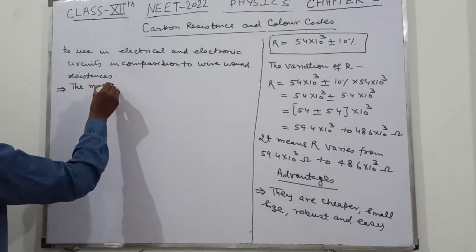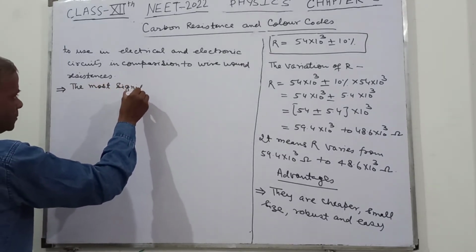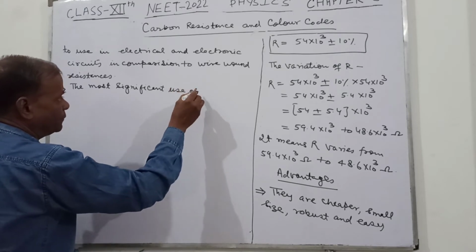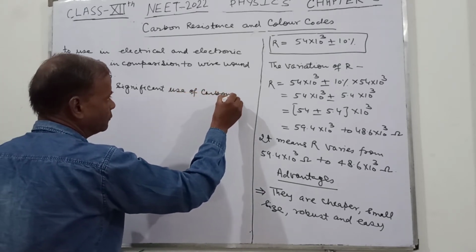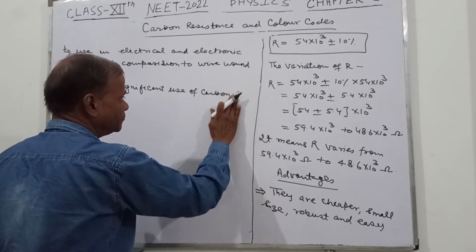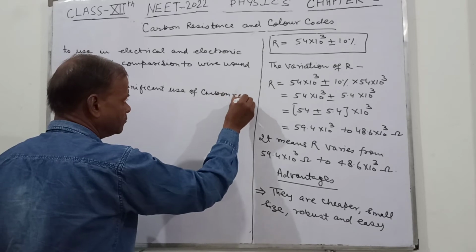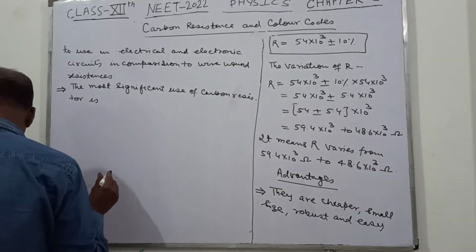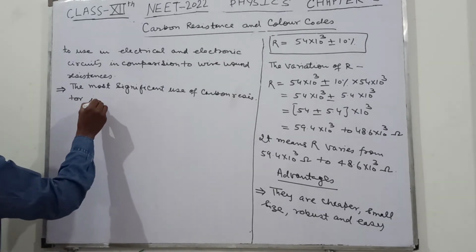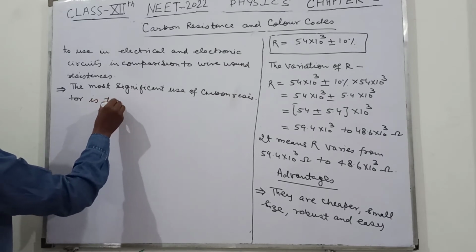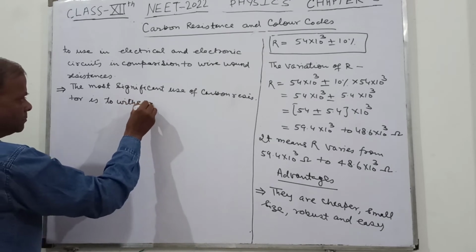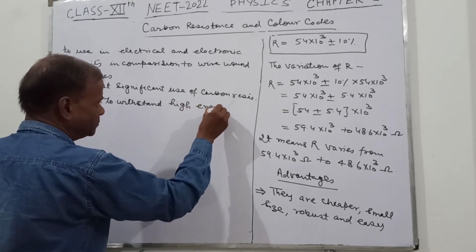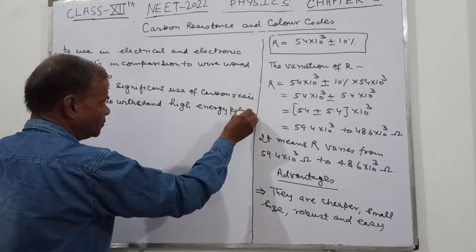The most significant use of carbon resistor is to withstand high energy pulses.